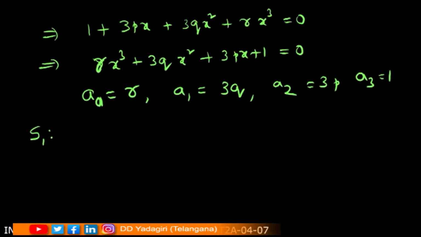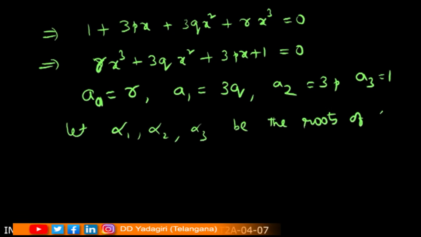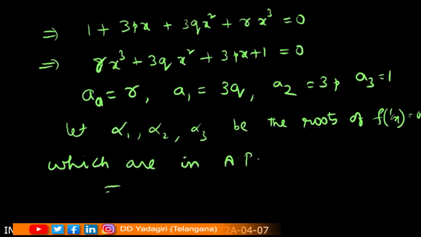Before going to this, what are the roots? Let alpha 1, alpha 2, alpha 3 be the roots of f of 1 by x is equal to 0, which are in AP. This implies 2 alpha 2 is equal to alpha 1 plus alpha 3.